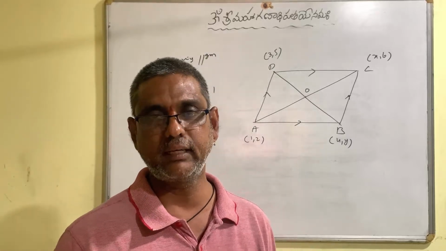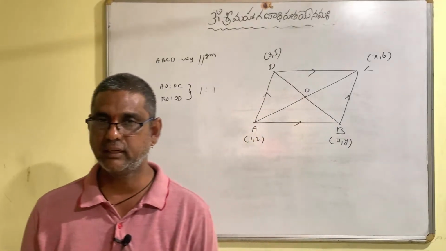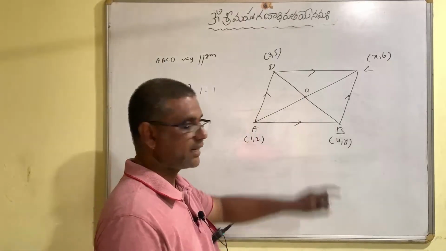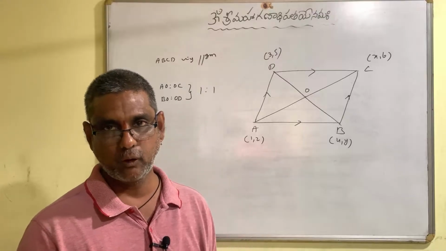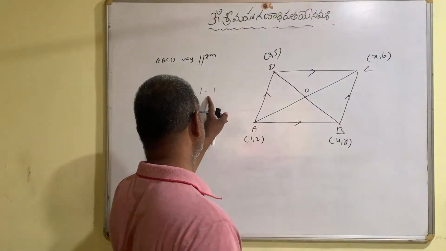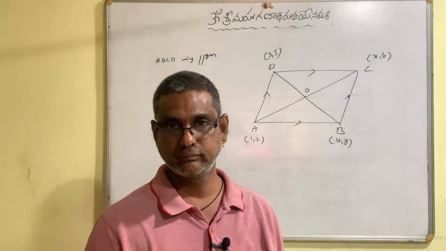Then only we can say that diagonals bisect each other. That is what I am saying, Rakshaj. This point O, where the two diagonals intersect, divides AC in the ratio 1:1 as well as BD in the ratio 1:1.